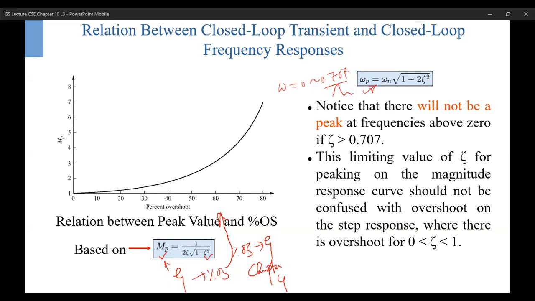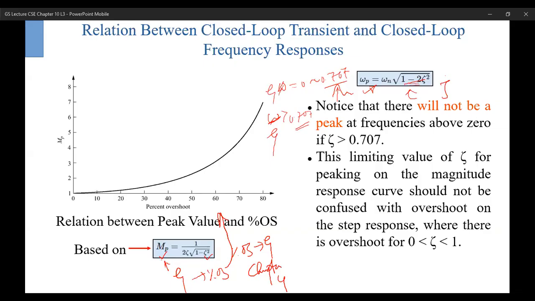But if the value of zeta is greater than 0.707, we are actually giving all these in terms of not omega, rather in terms of zeta, then as you can see here, the frequency will become imaginary, because this quantity will become negative.